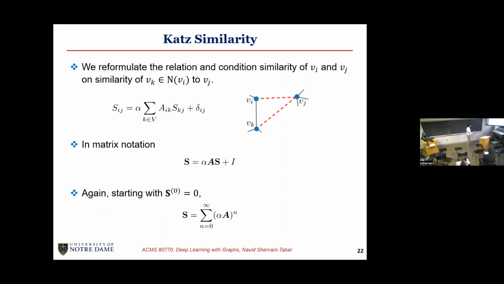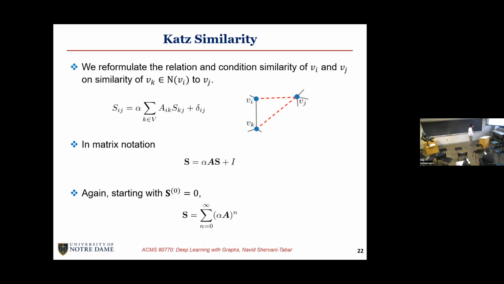We write that in index notation, and we see that one of the adjacency matrices that we had here is gone. Okay, we write that in matrix notation, and this is our matrix notation. So again, we can start solving this iteratively. We start from S equal to 0, we plug that in, we continue.